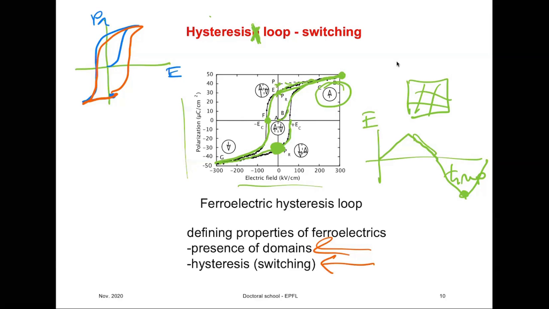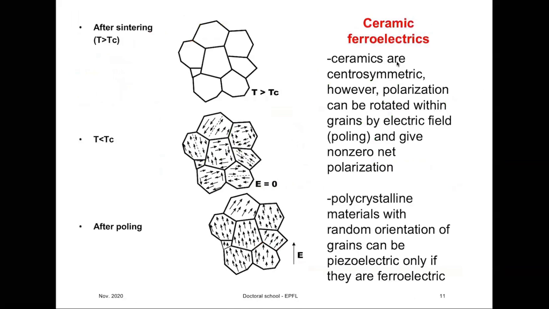If you have a pyroelectric material where you have polarization but it cannot be switched, you would not have this hysteresis. So if you are looking to detect whether a material is ferroelectric, usually the sign of that is the presence of hysteresis. One of the signs of ferroelectricity is hysteresis. I will discuss that a little bit later.